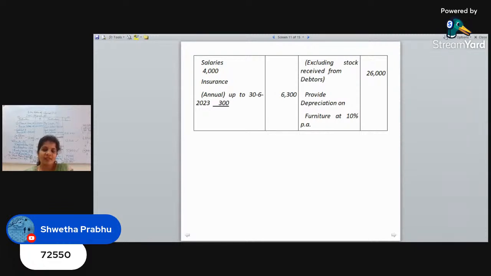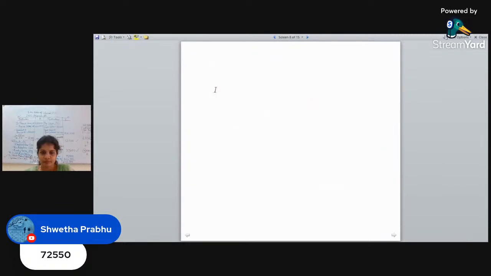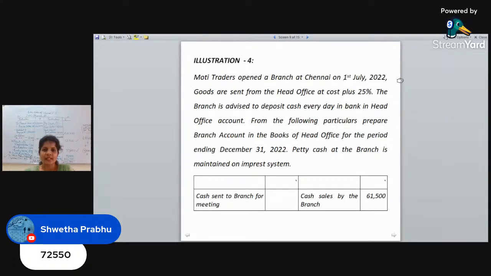They have given all the information, and it starts from 1st January, correct? No, 1st July 2022 to 31st December 2022. The branch was opened only on 1st July. The financial year is from 1st January to 31st December, correct?